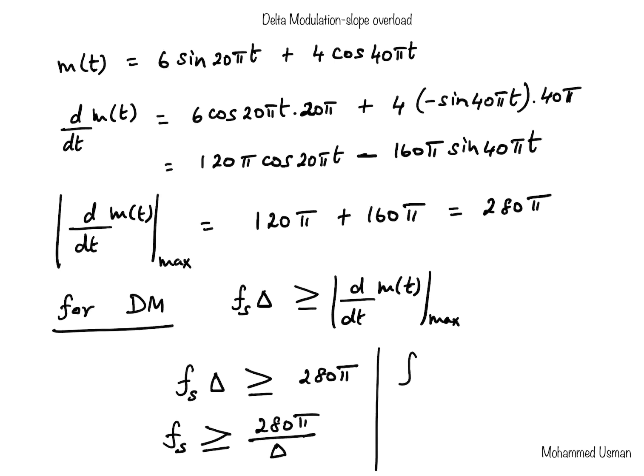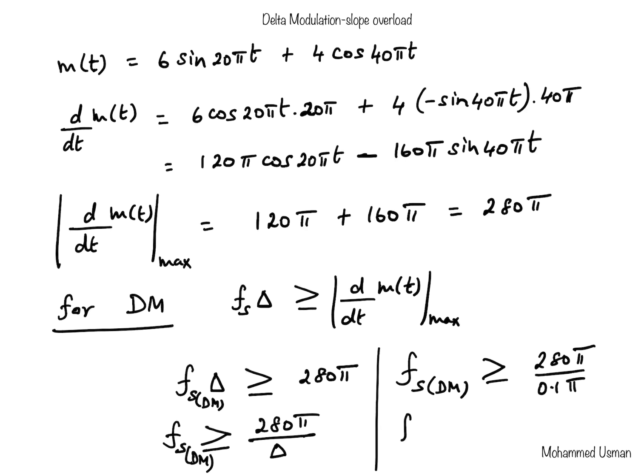So that would give us Fs. Again, just to distinguish that this Fs is for delta modulation, I'll write DM in brackets here. Fs for DM should be at least 280 pi divided by 0.1 pi.